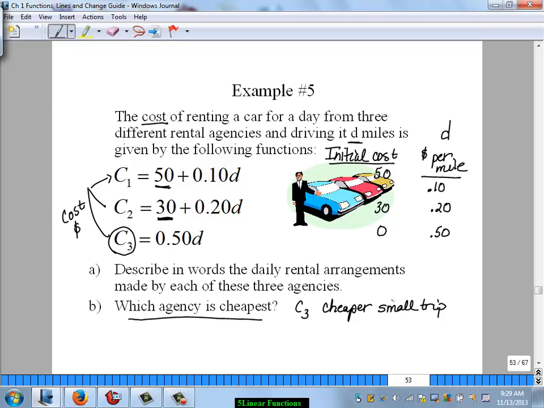For the longest trips, it looks like C1 would be cheaper because it's cheaper per mile. So I'm thinking C1 is cheaper for longer trips. So let's look at the graphs and see if we're right.